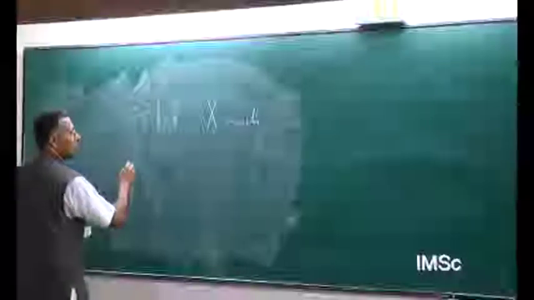Okay, so let's say X is an affine variety. So it is given by the zeros of a certain set of polynomials over K. But what does it mean to say it's defined over F?